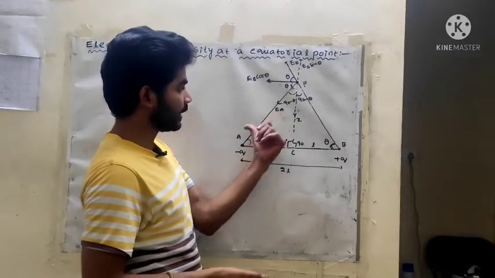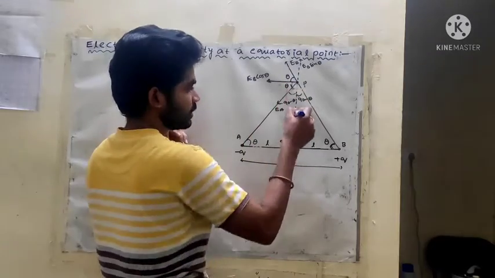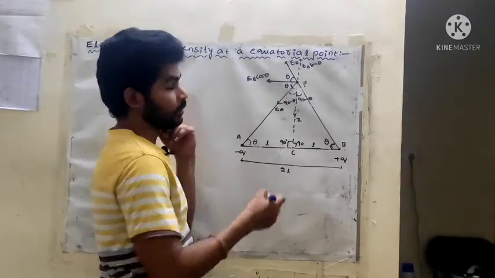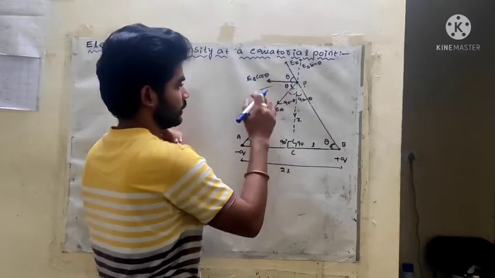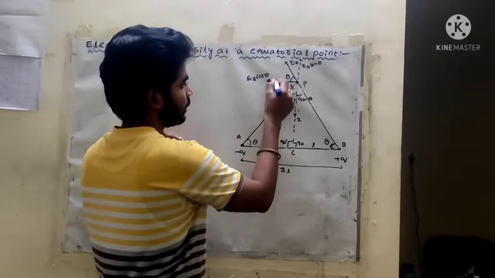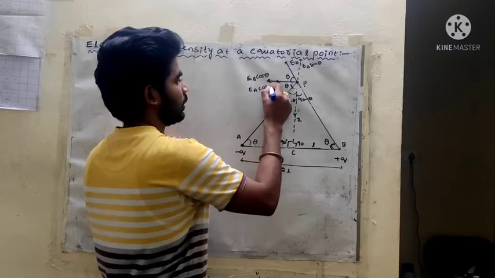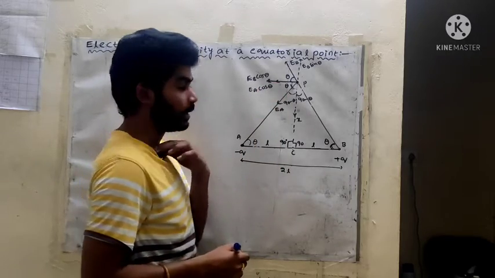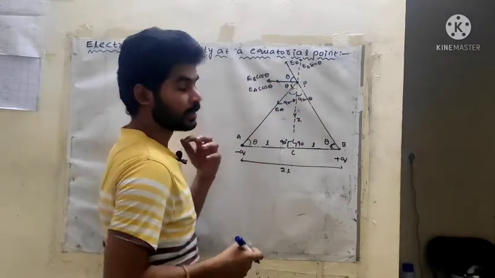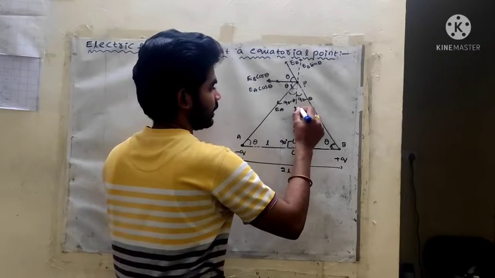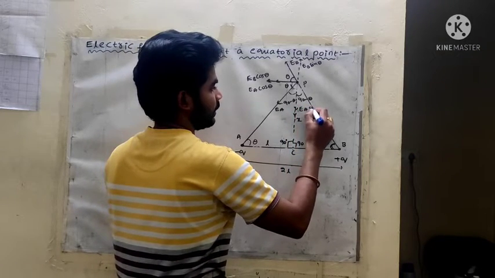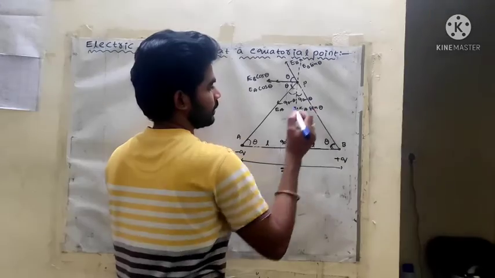Now EA acts in the downward direction. This is the xy coordinate, and this is the horizontal axis. So this is EA cos theta, and downward along the vertical axis acts EA sin theta.